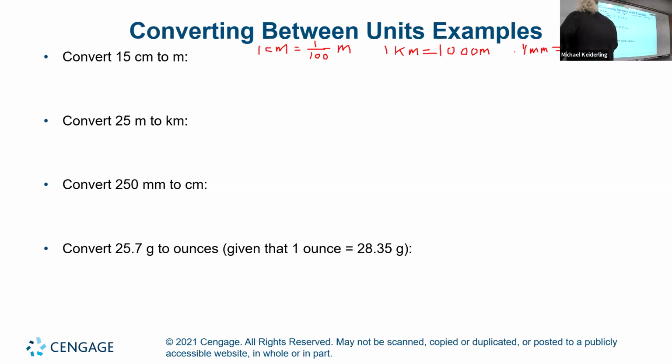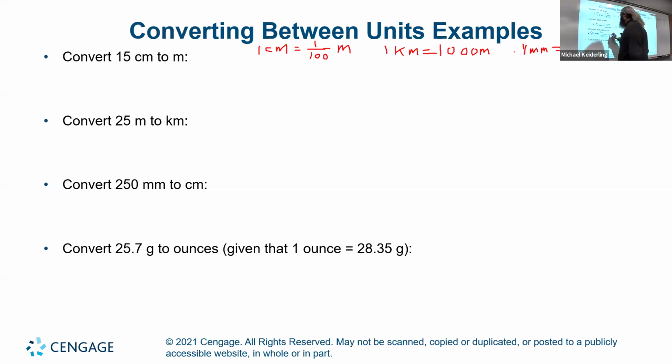Now here we have 250 millimeters, and we'd like to convert it to centimeters. But we don't know a direct conversion from millimeters to centimeters. You might know it, but we're going to assume that we don't. But we do know that 1 centimeter is 1/100th of a meter and 1 millimeter is 1,000th of a meter. So we have 250 millimeters. First, we're going to convert to meters. So 1 meter is 1,000 millimeters.